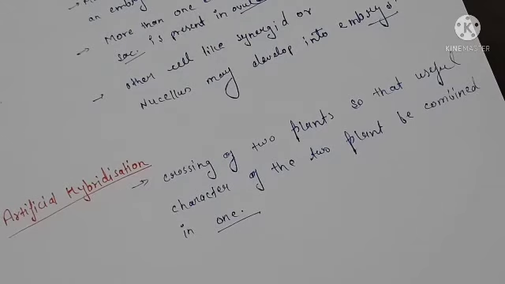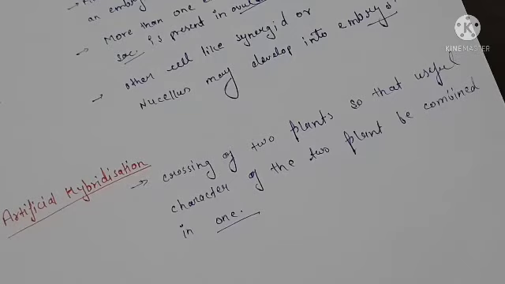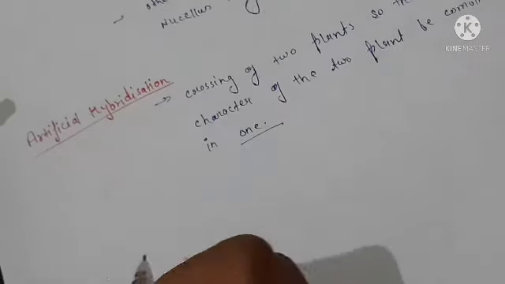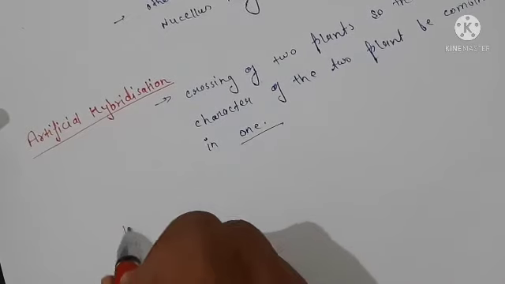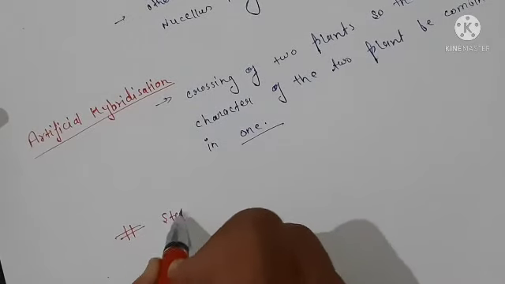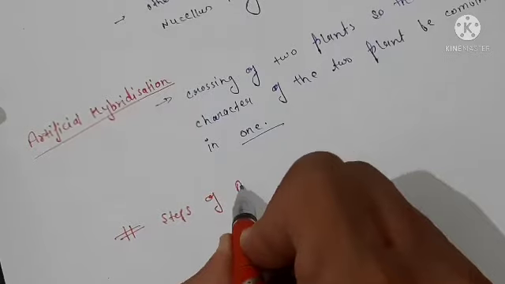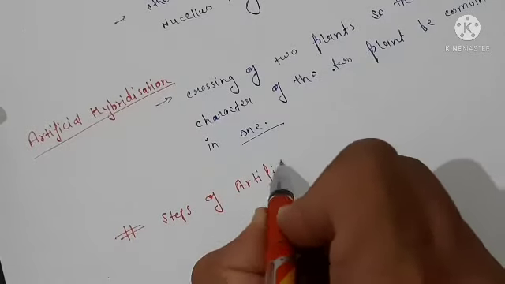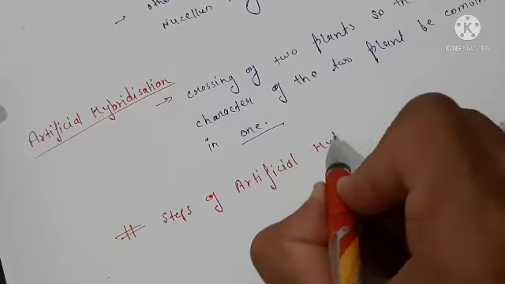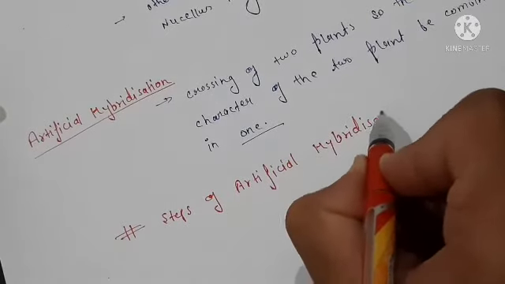So if we make the cross, as a result the plant can produce fruit and also survive in warm temperature. That is the advantage of artificial hybridization. How it takes place, we will discuss in the steps. Now we will discuss the steps of artificial hybridization.